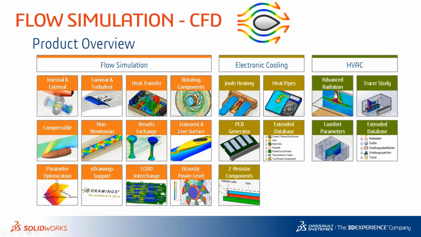We can do transient as well as steady state and free surfaces, which is a really nice capability as well. And to really take advantage of the parametric nature of SolidWorks, as everything is embedded in the SolidWorks interface, we can drive those parameters to get an optimal design. So we'll see some of that as well.